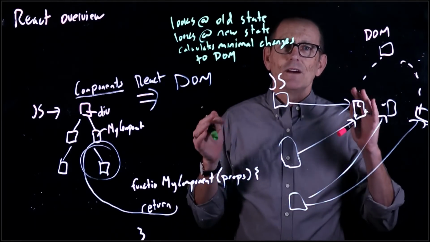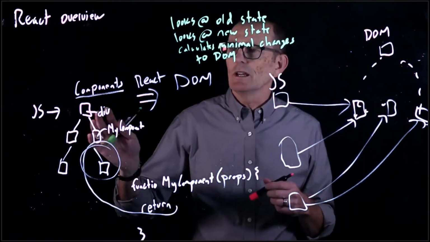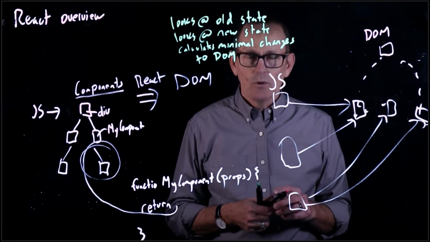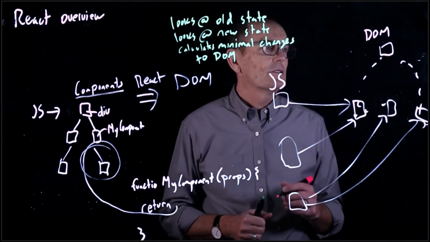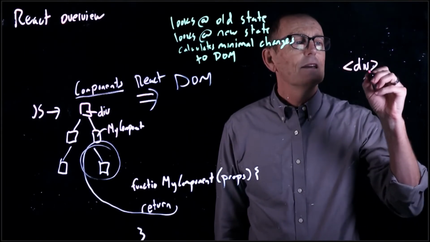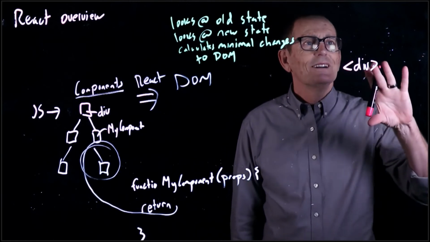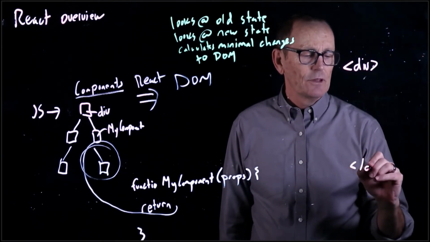So the basic fundamentals of React include the fact that we're creating these components. And let me show you what HTML looks like when you are using these components. It's really relatively straightforward in that you can add in your JavaScript code HTML snippets. You can add, for instance, a div along with a slash div.